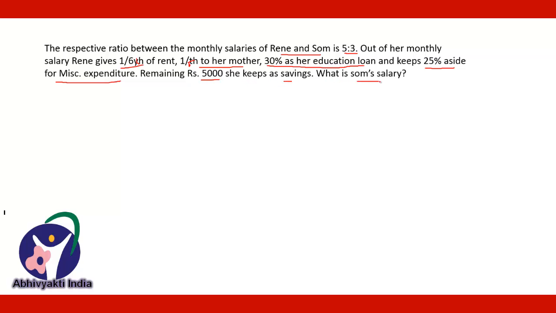What is Som's salary? Since their salaries are in the ratio of 5:3, we will take the salary of Rain as 5x and the salary of Som as 3x.